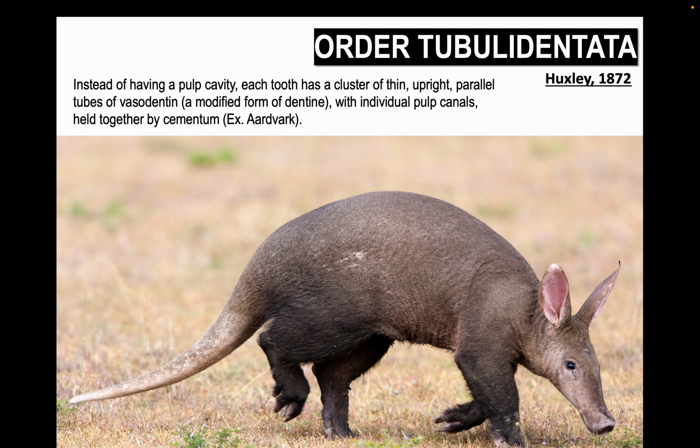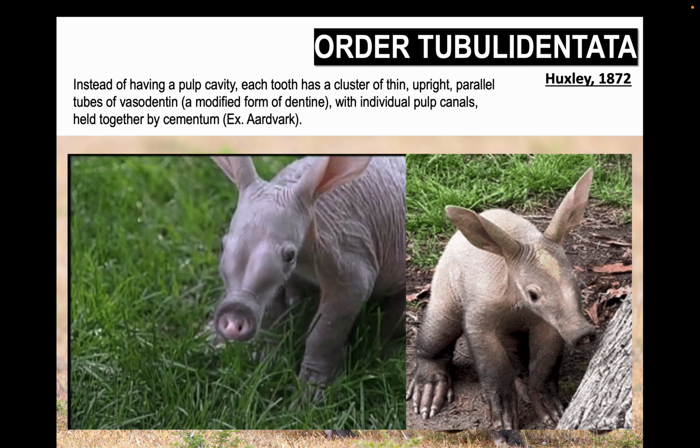So that each tooth has thin, upright, parallel tubes. So the appearance is not network-like, unlike other types of mammals. No, they have individual pulp canals held together by cementum. Tubulidentata, aardvark. Okay, that completes our lecture on Module 12.